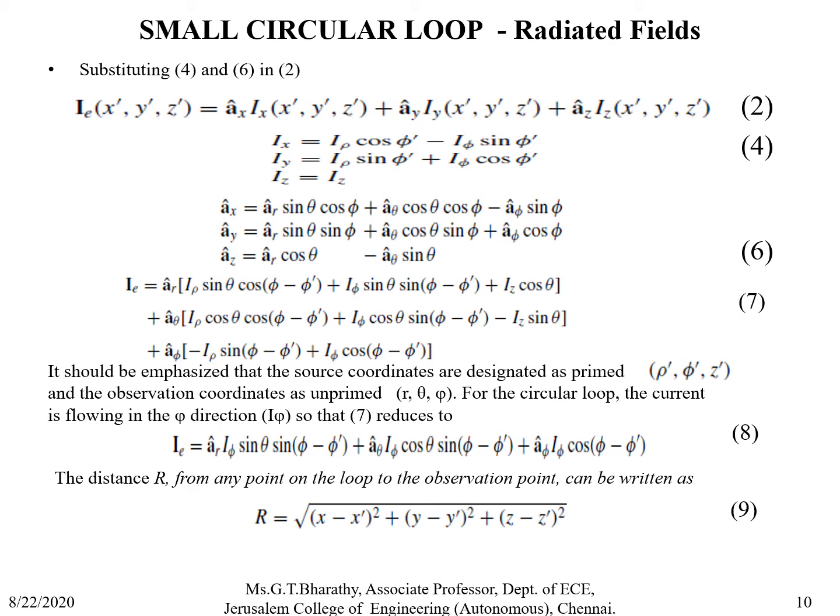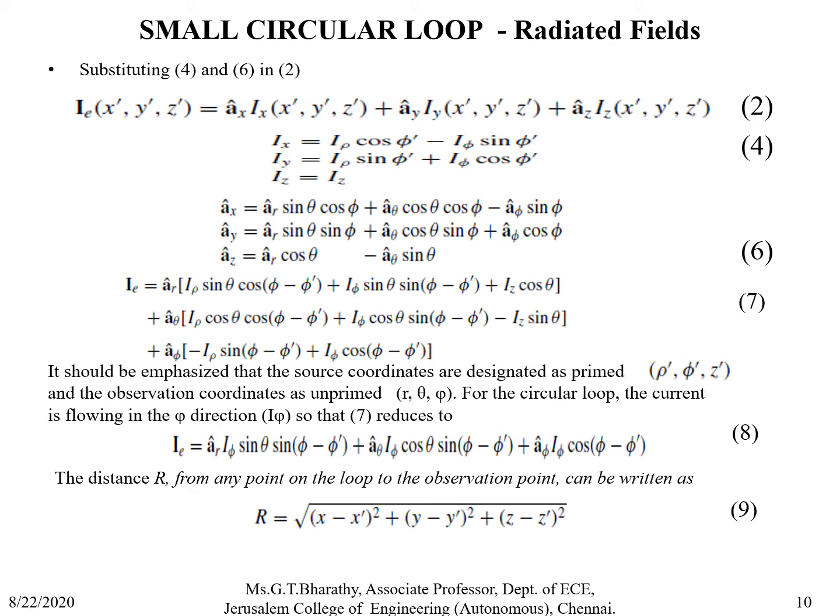So substituting both, we get the expression for the current I e as a r into [I rho sin theta cos (phi minus phi dash) plus I phi sin theta sin (phi minus phi dash) plus Iz cos theta], plus the theta component a theta into [I rho cos theta cos (phi minus phi dash) plus I phi cos theta sin (phi minus phi dash) minus Iz sin theta].